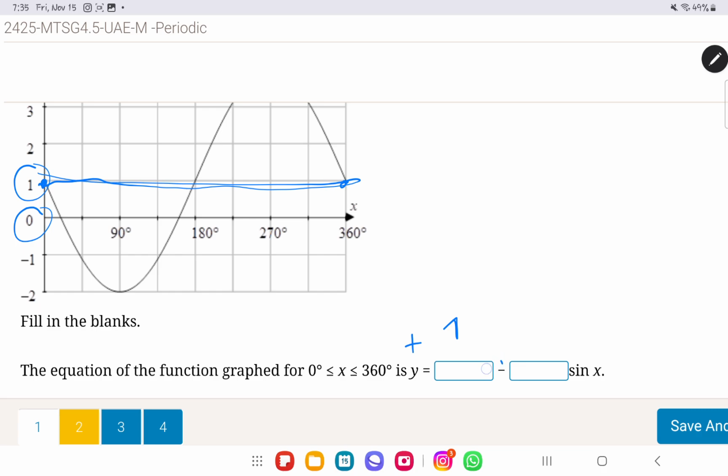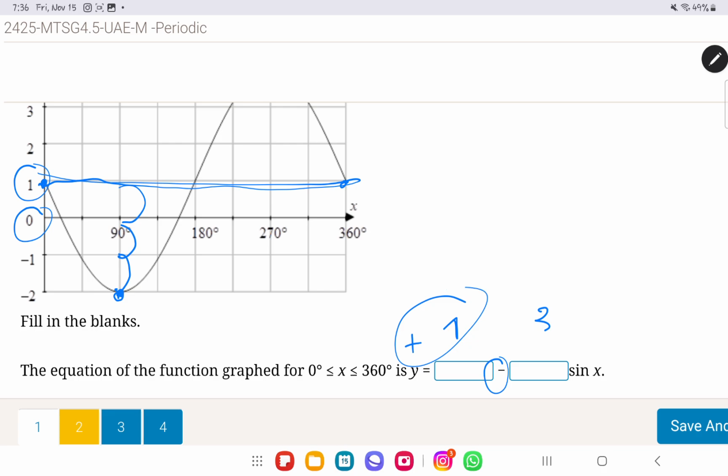Second box, negative, we know it flipped. But to know how much, we are going to take 1 point from the curve, for example here, and we are going to count the boxes. 1, 2, 3. So -3 sine x. Very simply. Again, I will do a quick summary. To find this number over here, we need to check our baseline.